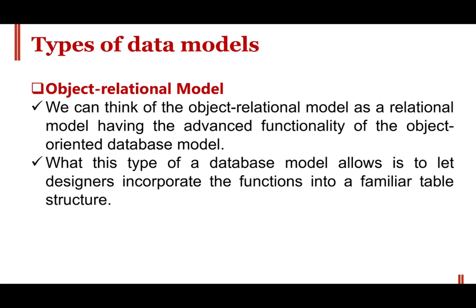So an object in this case would be an action, a process that has been done. So we can think of a relational model with advanced functionalities, and put these functions and processes in objects, and in each object we can clarify the steps to be followed.